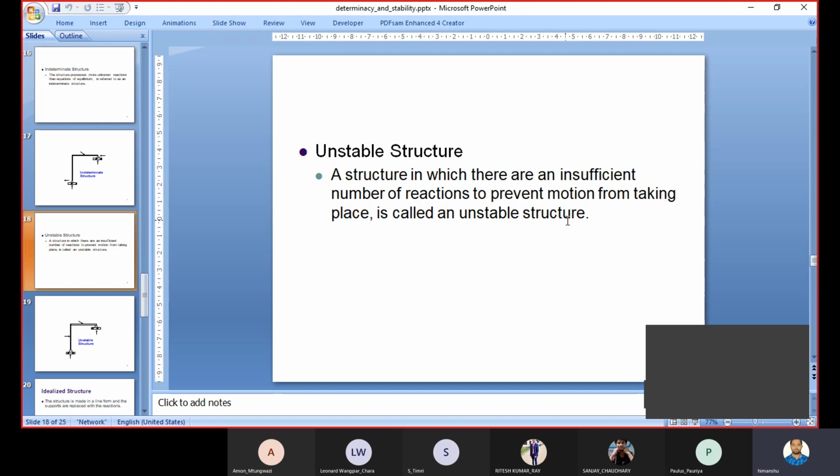If in any structure there is an insufficient number of reactions to prevent it from taking a movement or motion, then we call it an unstable structure. Otherwise it is a stable structure.